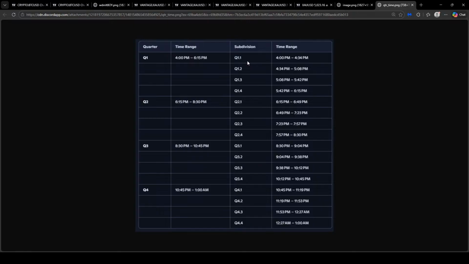We call these sub-quarters, and the best time window to find a scalp entry using the sub-quarters of each quarter will always be sub-quarter 2 to sub-quarter 3.